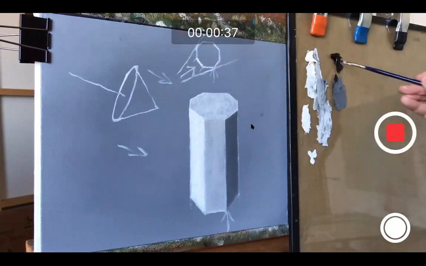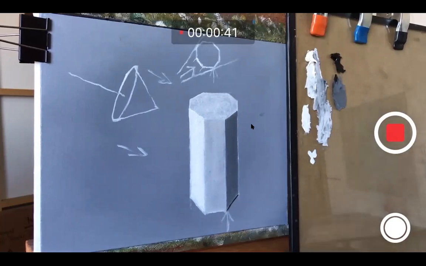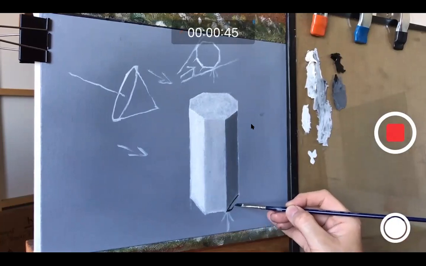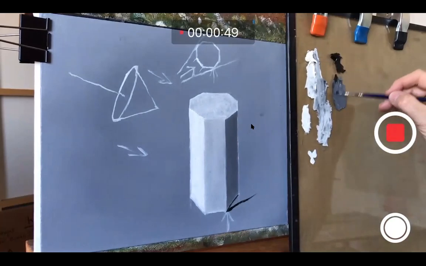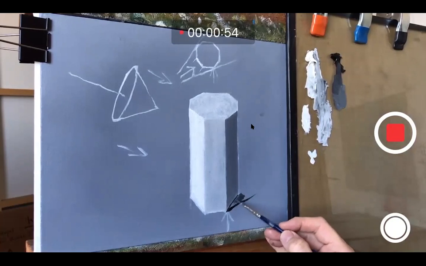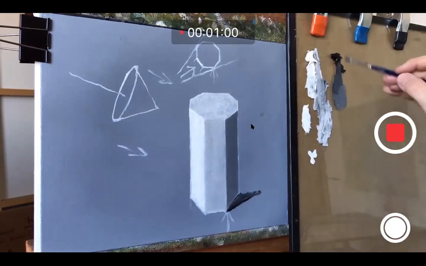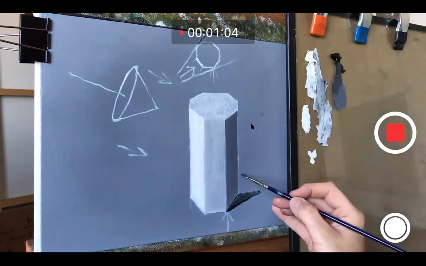And then, of course, we know that the cast shadow is going to start at the point on the form where the object blocks light from hitting the surface the form is sitting on. The cast shadow is going to do something like that.